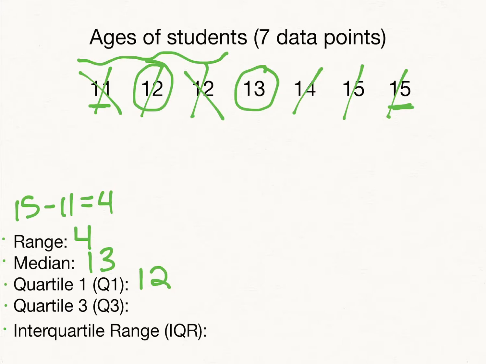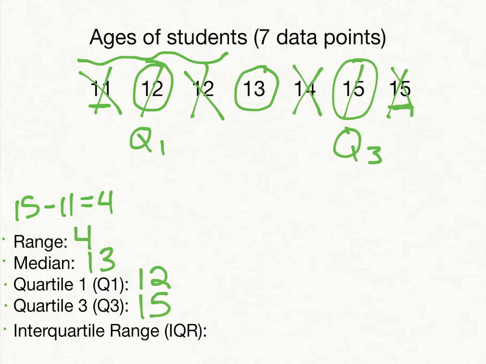This is quartile 1. Now we're going to do the same thing for quartile 3. We're going to mark out the lowest, mark out the highest, and here we have quartile 3, which is 15. Because we had this odd data set and an odd number in the lower and upper sets, it makes it a lot easier.